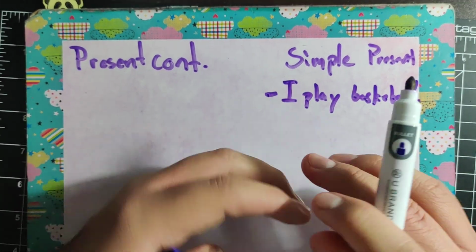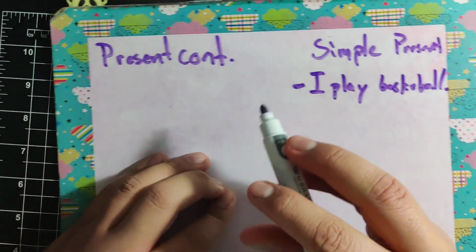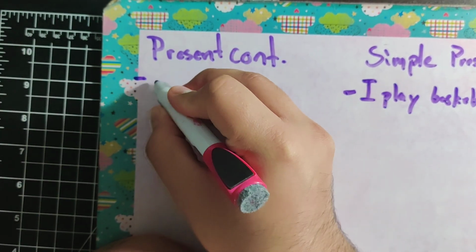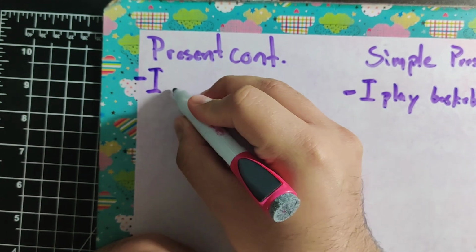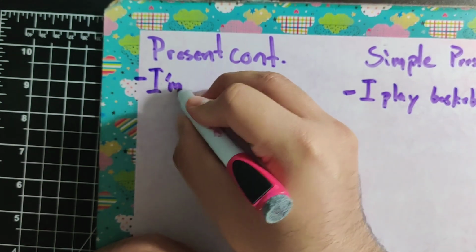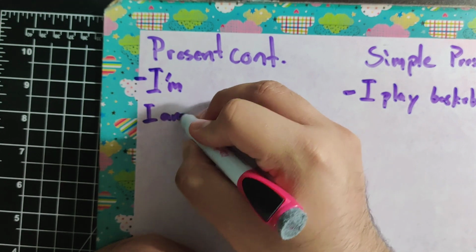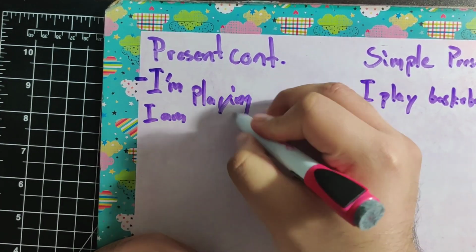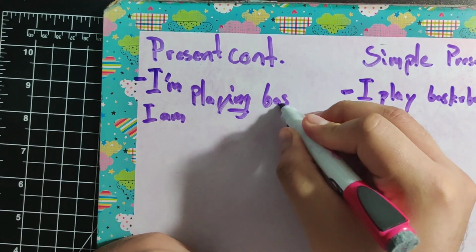But what about if we want to say, oh, right now? Well, if at this moment, si en este momento, you're playing basketball, you're going to say I'm, or it could also be I am playing basketball.